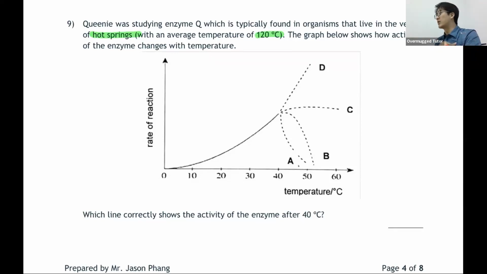Any enzyme in our body will have an optimum temperature near to our body temperature. So if this organism is found in a place that is at 120, it must be able to survive the 120, right? So the enzymes in its body or cells or whatever will have an optimum temperature close to 120.